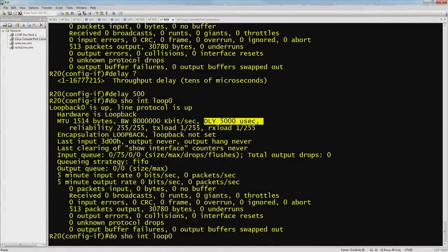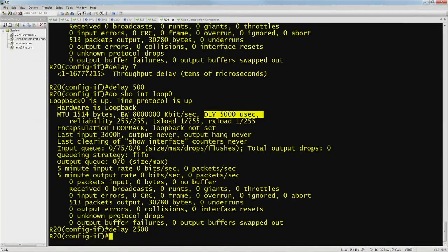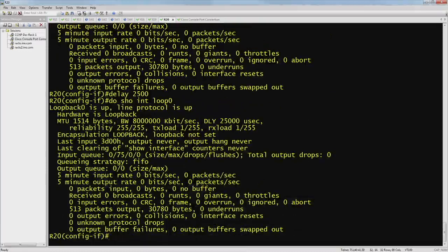So now I'm going to change it to something much worse. How about a delay of 100? Actually, make it worse. Instead of 5,000, let's do 500. Let's do 2,000. Now let's do 2,500, which is actually 25,000 microseconds.